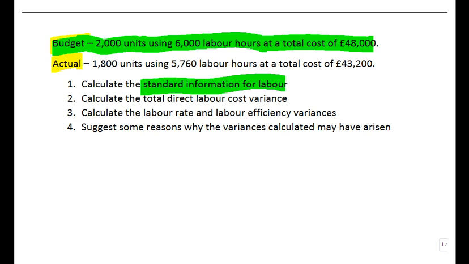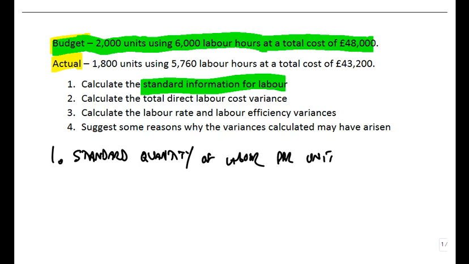And in fact, I reckon that there are 3 pieces of standard information I can identify here. Firstly, we can work out the standard quantity of labour per unit of production, because we know that we're going to use 6,000 hours to produce 2,000 units.